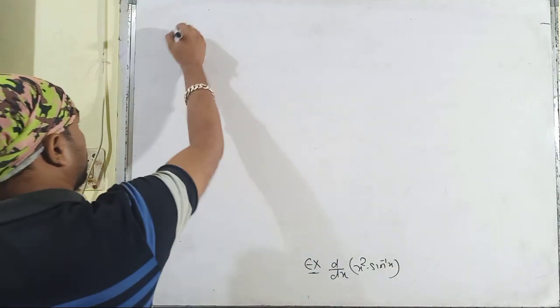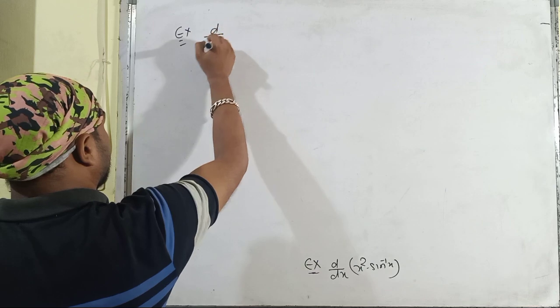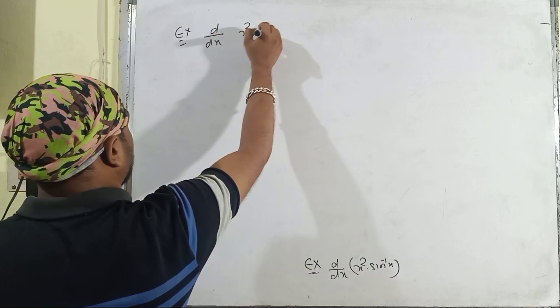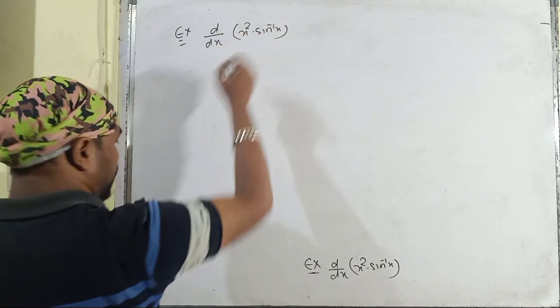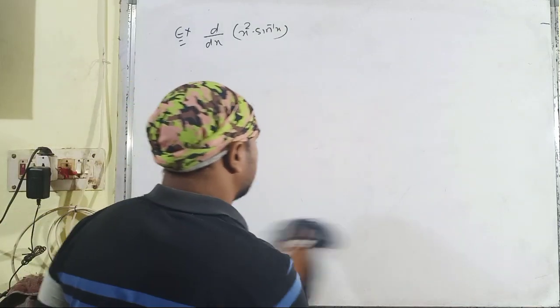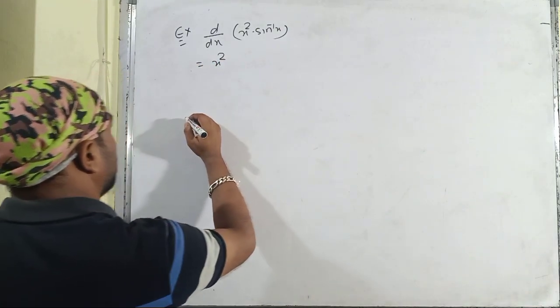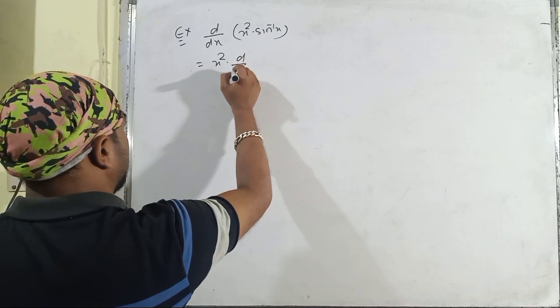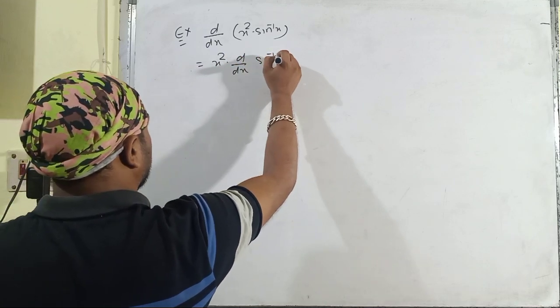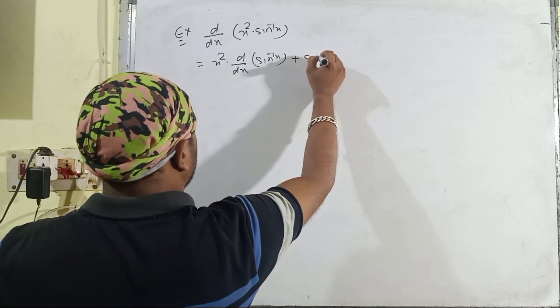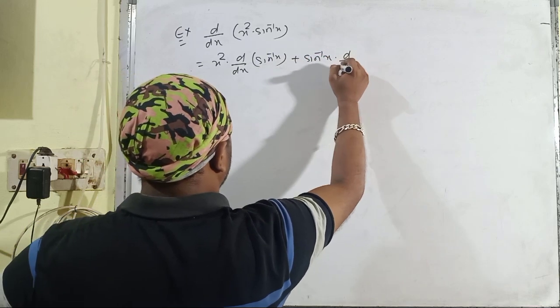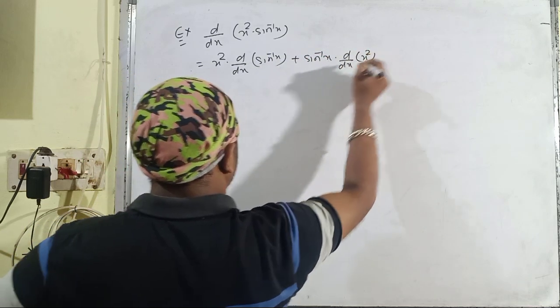So here it is the next problem. Differentiation of x square into sine inverse x. Again the product rule will be applied here. x square multiplied with the differentiation of sine inverse x plus sine inverse x multiplied with the differentiation of x square.